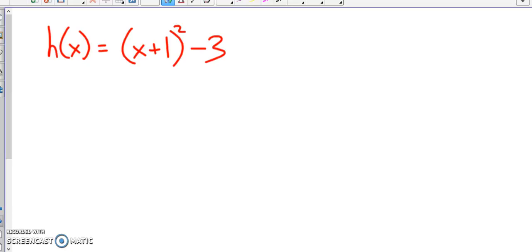So what's the parent function here? X squared. So the parent, the mother function, if you will, is x squared. So now what's been done to it?